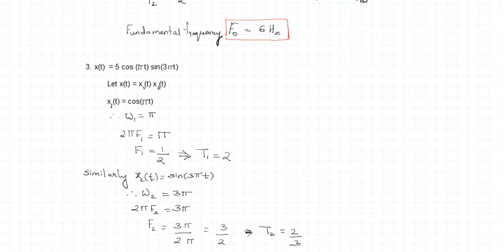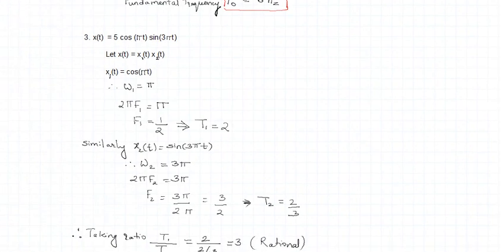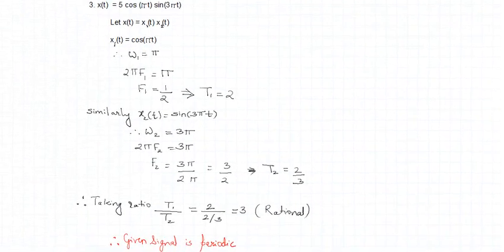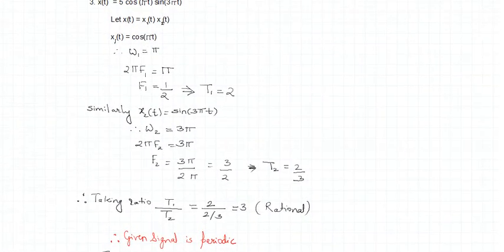So f2 turns out to be 3 pi by 2 pi, which is nothing but 3 by 2. Taking the reciprocal of f2, I get T2 as 2 by 3. So I got T1 and I've got T2. The second signal has a fundamental frequency 3 by 2 and a fundamental period of 2 by 3.